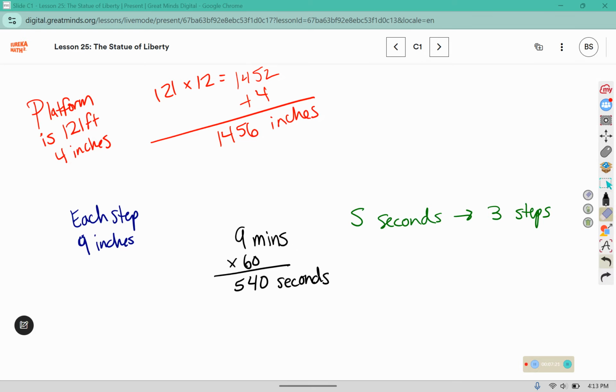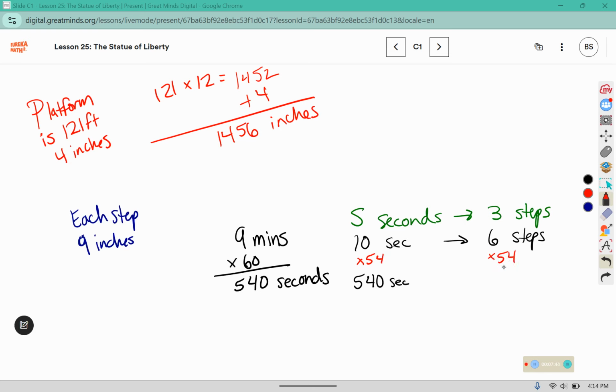We need to figure out how many steps she will take. Well, 5 seconds was 3 steps, so 10 seconds would be 6 steps. And then 540 seconds, well, if we multiplied 10 by 54, that would give us 540.